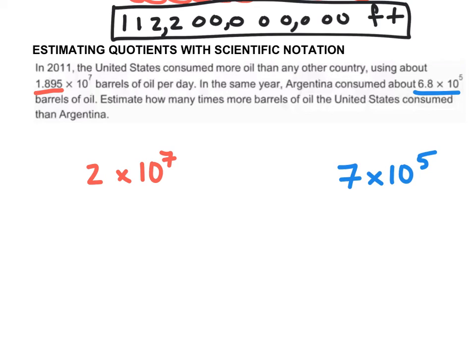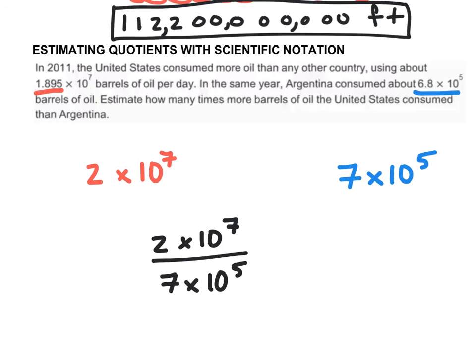Okay, and so we can just estimate here. And if I want to do this, I would do division, and I would do 2 times 10 to the 7th divided by 7 times 10 to the 5th.